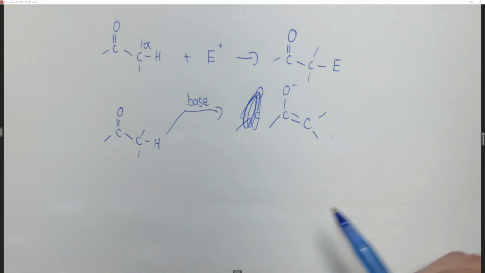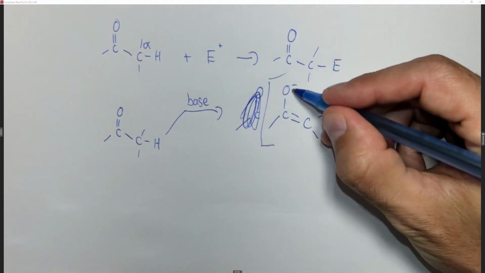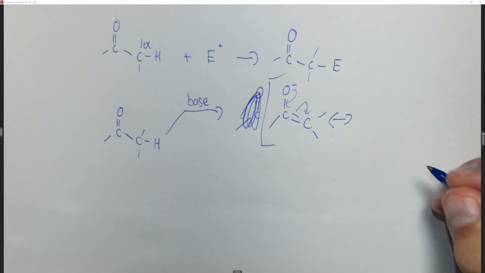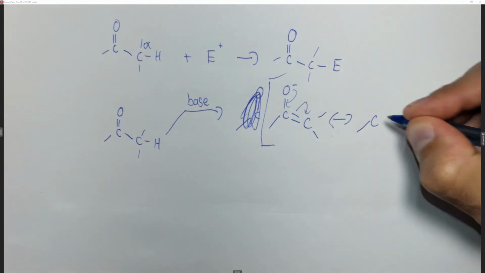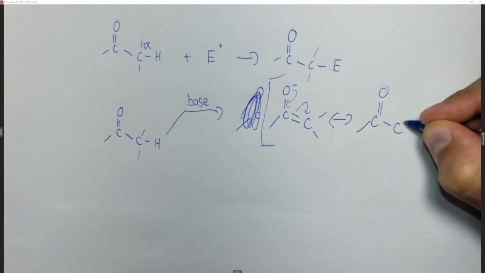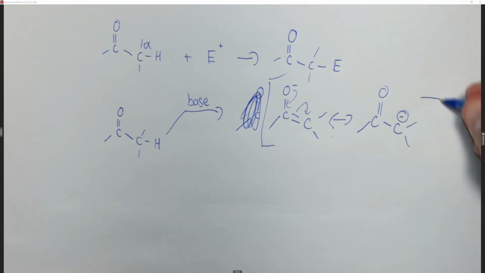And if we were to draw a resonance form of this, this can shift down and this can shift over. Remember that the minus charge has three lone pairs. And what we end up with is C double bond O, bond C with a minus charge, bonded to two things.